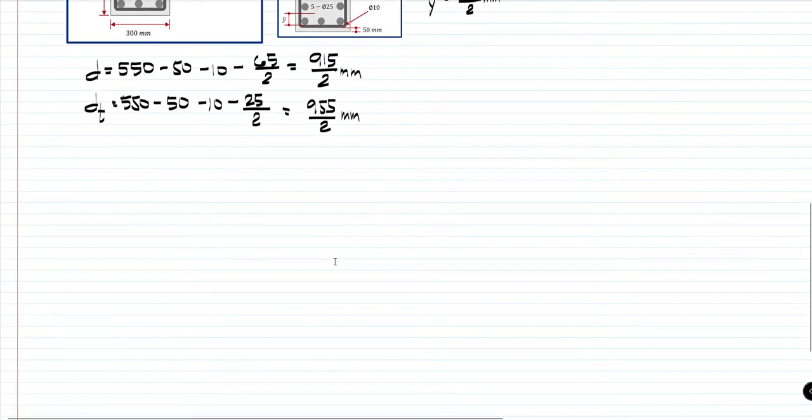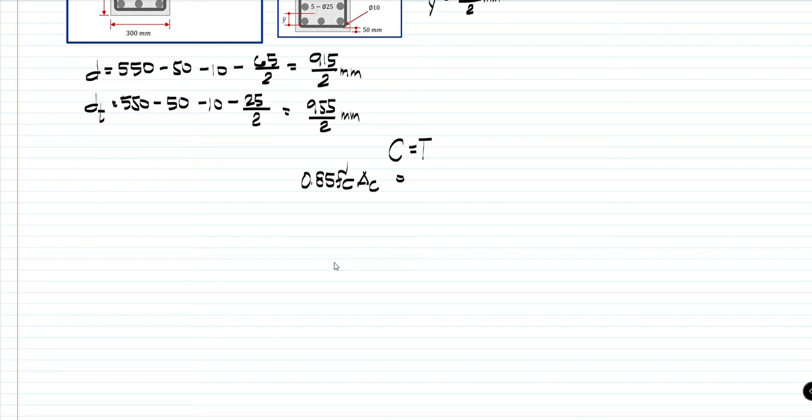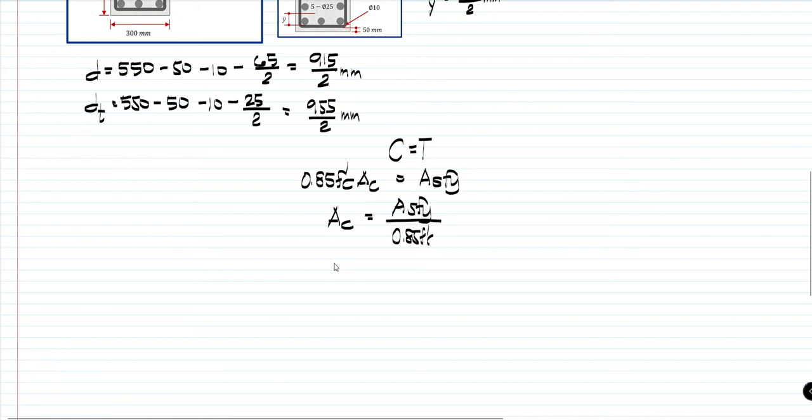So, to do that, syempre, we'll be using C is equal to T, and we have the compression side as 0.85 f'c Ac and the tension side as AsFy. So, ang goal natin is to get the concrete area for compression block, so that will be equal to AsFy over 0.85 of f'c.